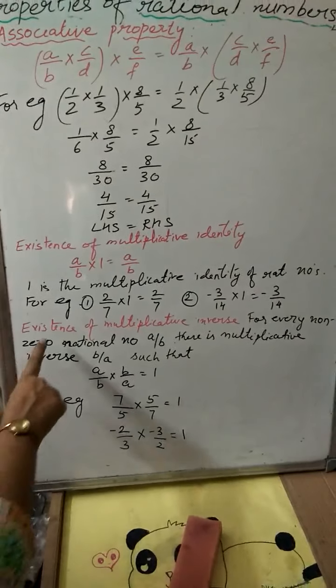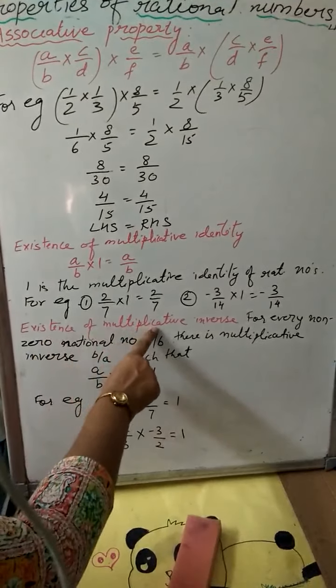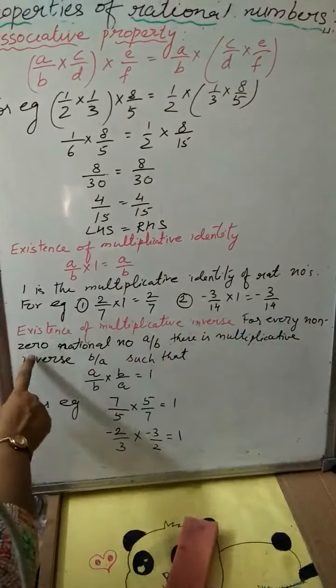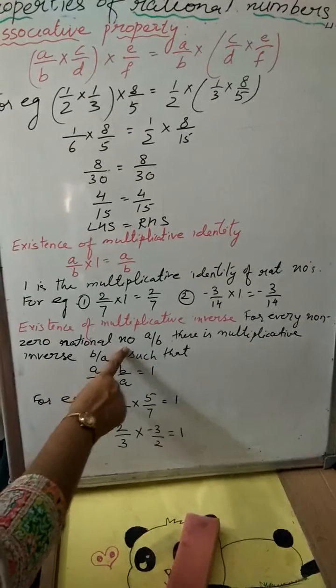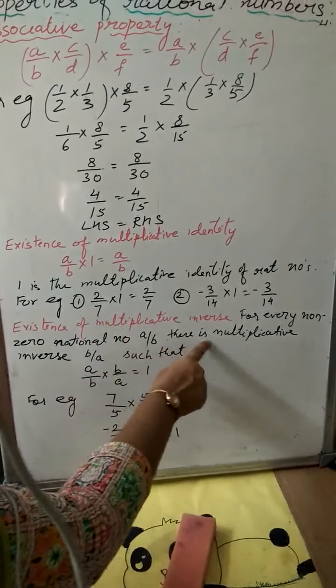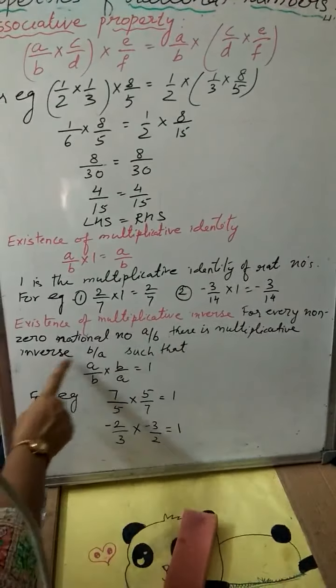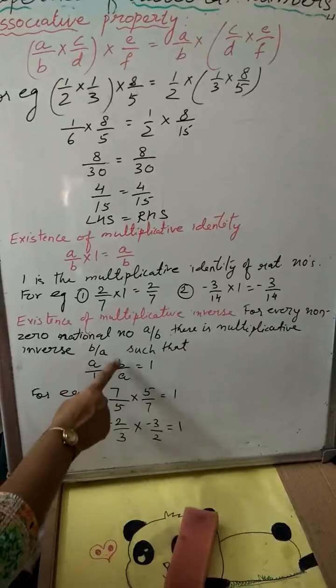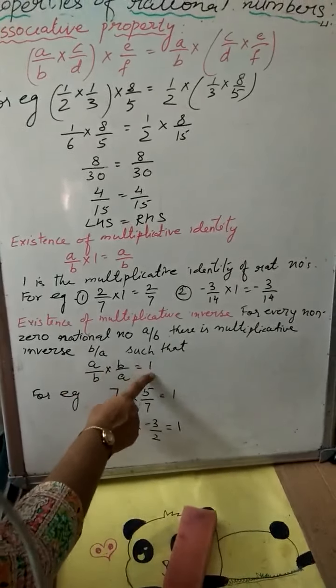The next property is existence of multiplicative inverse. For every non-zero rational number a by b, there is a multiplicative inverse b by a such that a by b into b by a is equal to 1.